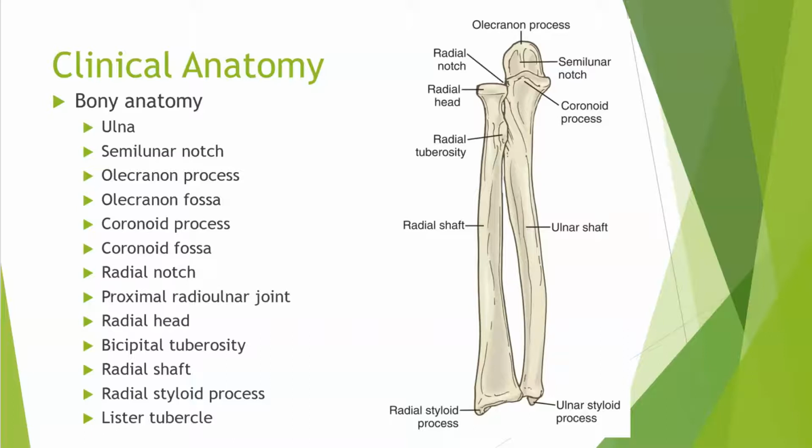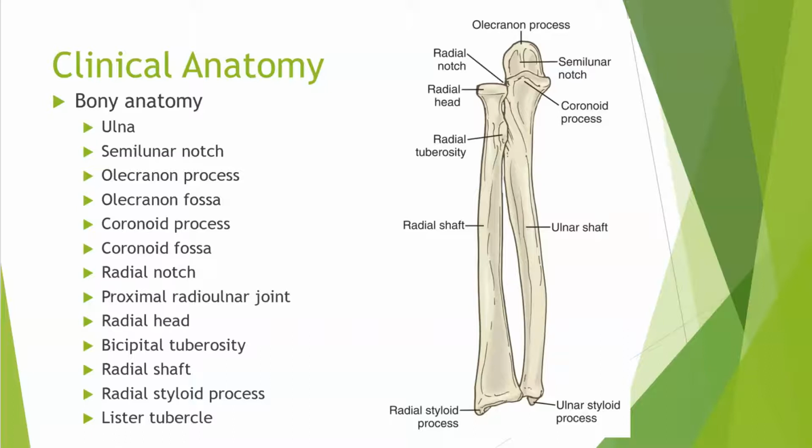The head of the radius has a concave top that articulates with the capitulum of the humerus. It also articulates with the radial notch of the ulna. The neck of the radius is a narrow portion between the head and the shaft of the radius. The shaft widens as it gets closer towards the wrist, and the radial tuberosity is distal to the neck of the radius. The distal radial styloid process articulates with the wrist.